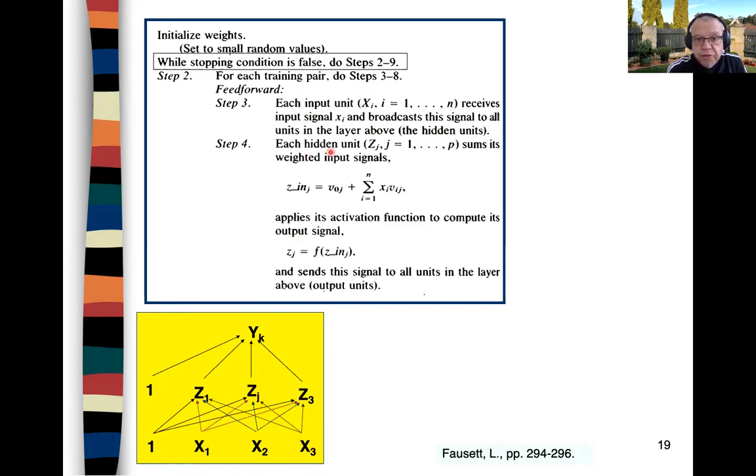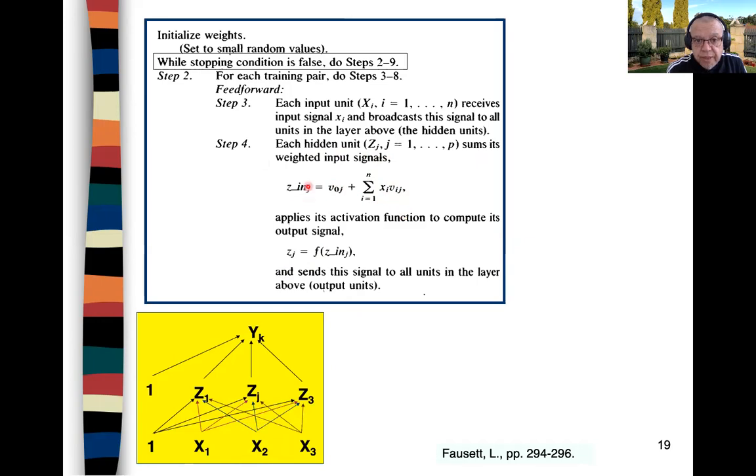Another step is each hidden unit, zj, from 1 to p, sums its weighted input signals. So it takes the input multiplied by the v. Remember, these are the weights from 1 till n, and we're talking about node j.